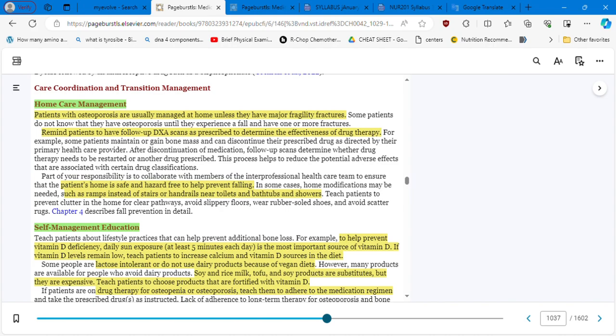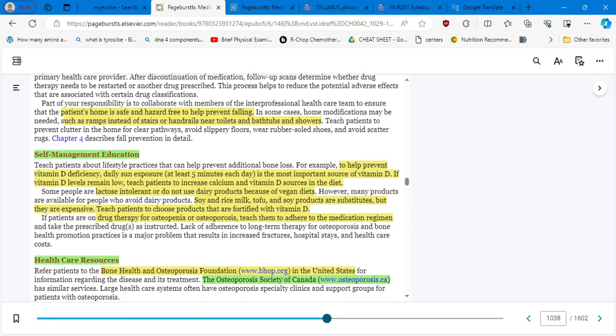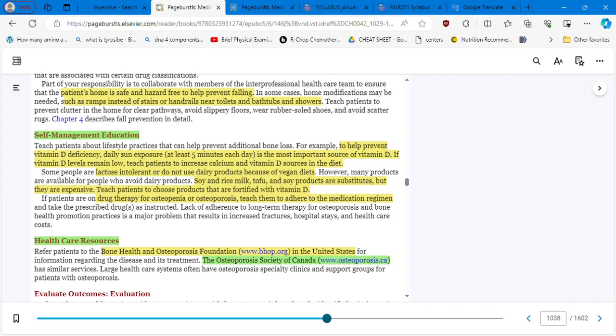Remind patients to have follow-up DEXA scans as prescribed to determine the effectiveness of drug therapy. Make sure the patient's home is safe and hazard-free to help prevent falling. You need to monitor that the home is really safe, for example, check for ramps instead of stairs, and handrails near toilets, bathrooms, and showers.